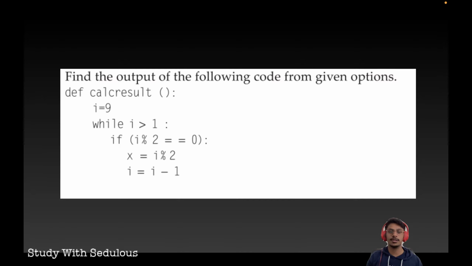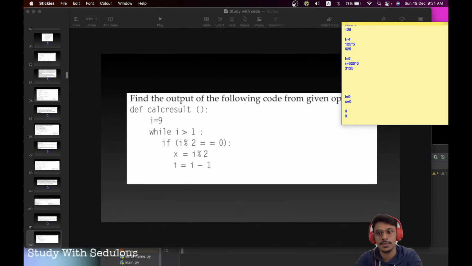When i is 9, I'll get x is equal to 0. Then i becomes 8. We get 0. Wait. Are we making any mistake? If it is 9, well, i greater than 1, fine.